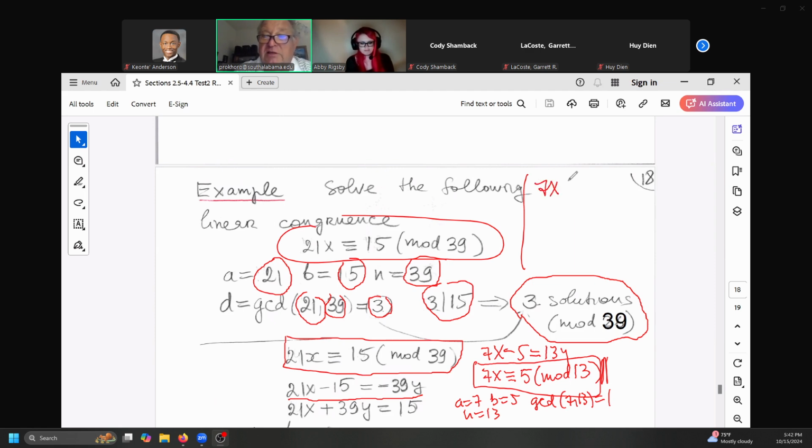We'll take 7x is congruent to 5 modulo 13. And we'll take this equation and multiply by, and you need to tell me what we can multiply by, such that instead of 7 we'll get 1 or negative 1. So multiply by, what is the first number we can use to multiply?